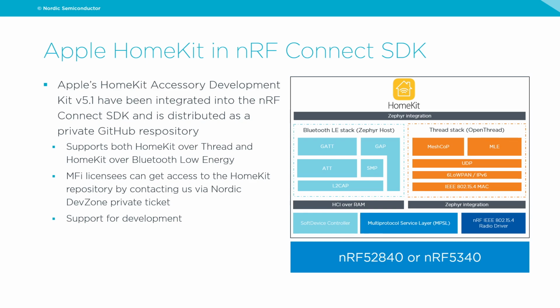So let me introduce what has happened recently in the HomeKit ecosystem. HomeKit has emerged with two wireless connectivity options: Wi-Fi for the high bandwidth, low latency, mains powered communication, and Bluetooth Low Energy for low bandwidth connectivity with low power requirements.